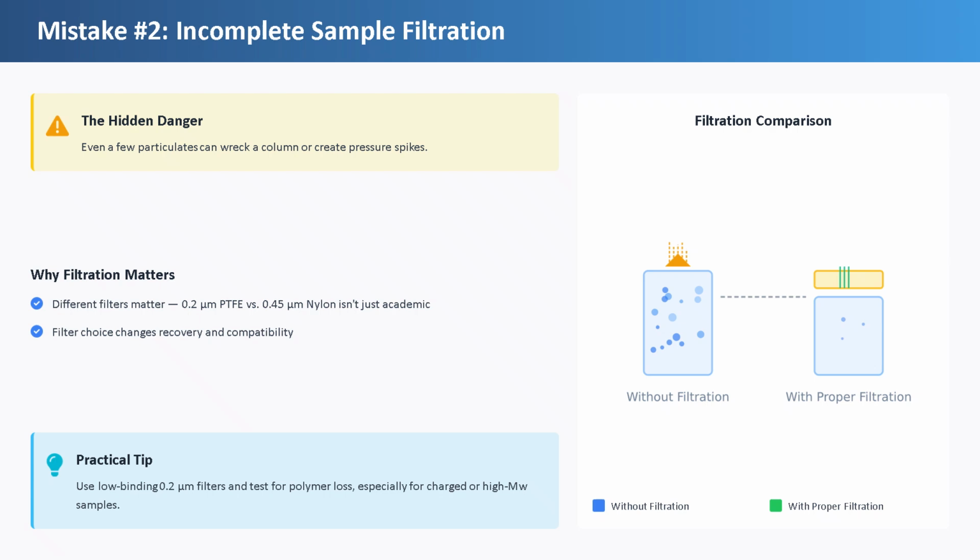A 0.2 micron PTFE filter behaves very differently from a 0.45 micron nylon filter, especially when your polymer is sticky, charged, or high in molecular weight. Using the right filter can be the difference between smooth, reproducible chromatograms and a very expensive column replacement. When in doubt, use low-binding 0.2 micron filters and check for polymer loss during method development.